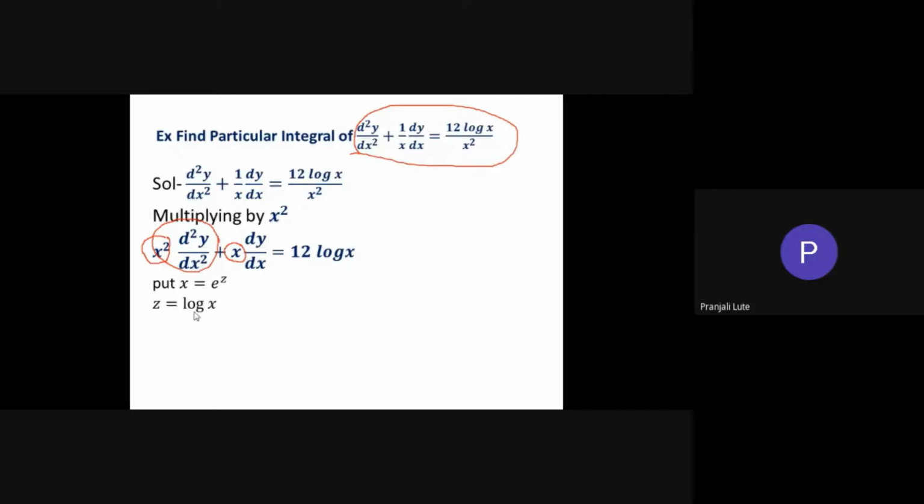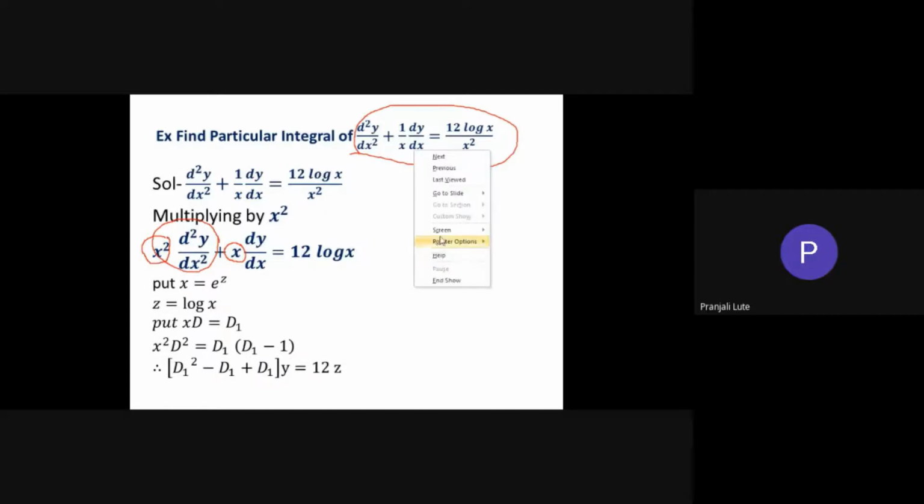This equation can be written with d/dz as capital D, so in terms of D, that is x square into D square plus x into D, and y taking common, equal to 12 log x.